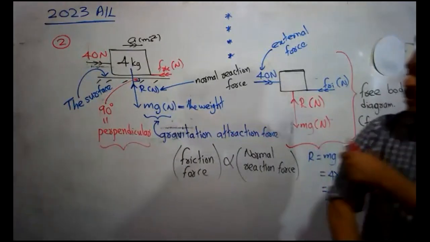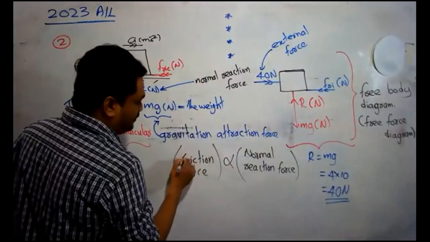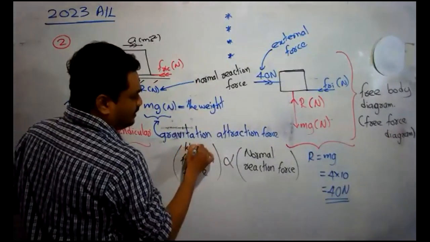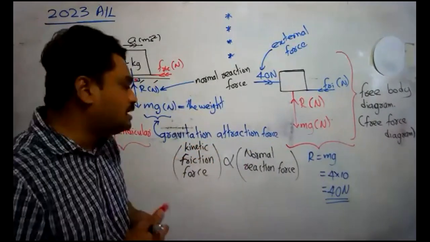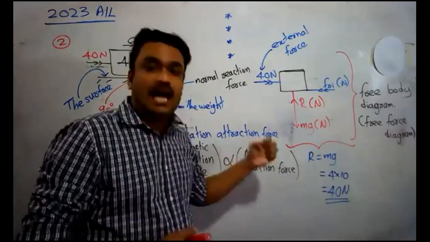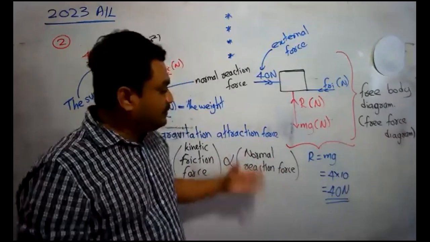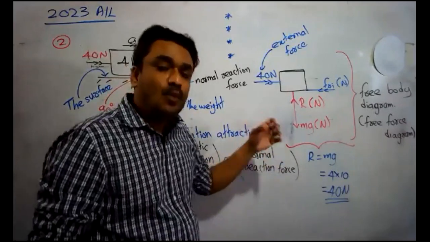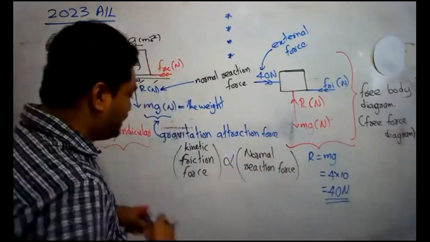Kinetic friction force is directly proportional to the normal reaction force. It means if the normal reaction force is larger, the friction force will also be larger. If the normal reaction force is smaller, the friction force will also be smaller. That's the meaning of directly proportional.